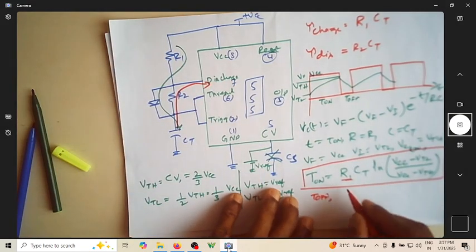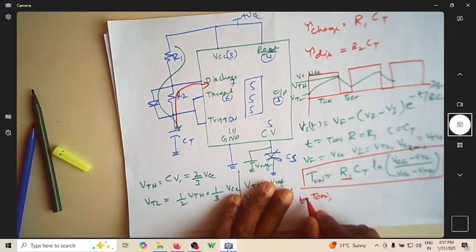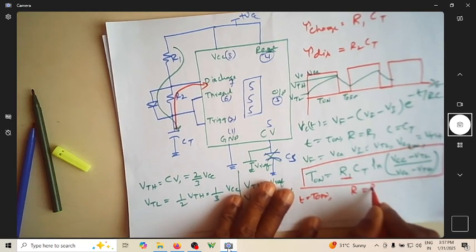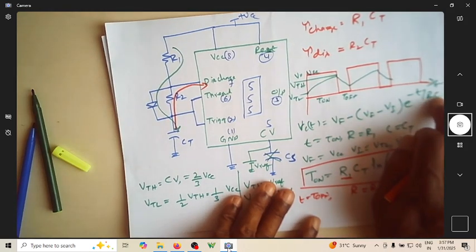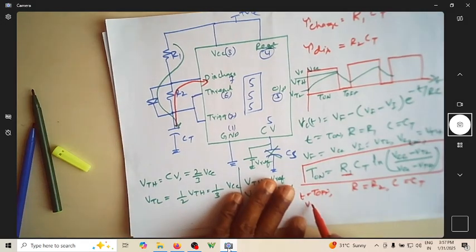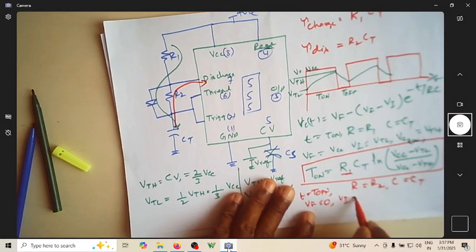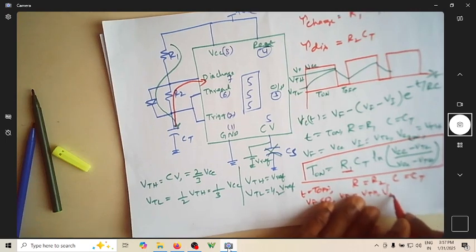So for finding T off, if t is equal to T off, then R is equal to R2, C is equal to CT. I'm just talking about this RC. What is V final? V final will be 0, V initial will be VTH, and the voltage VC at T off will be equal to VTL.